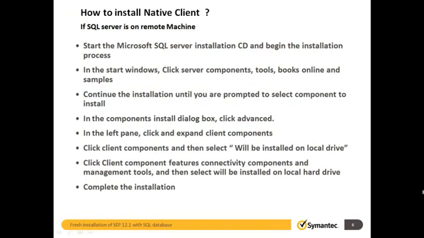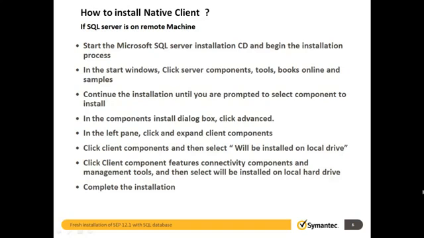Now we will see how to install the native client if SQL Server is on a remote machine. Start the Microsoft SQL Server installation CD and begin the installation process. In the Start window, click Server Components, Tools, Books Online and Samples. Continue the installation until you are prompted to select components to install.